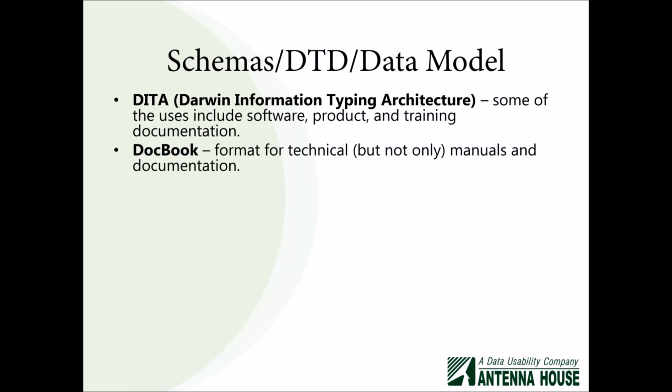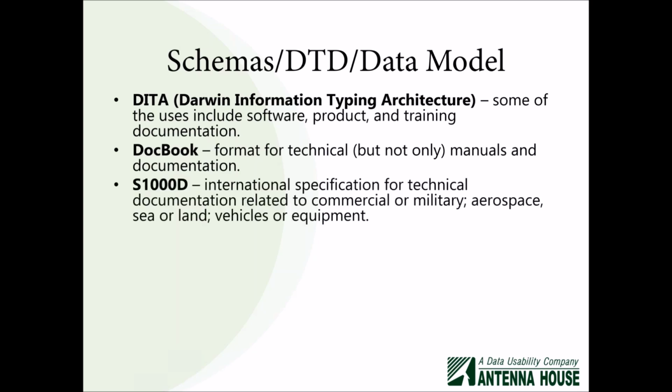DocBook has been around for over 30 years and is used extensively for technical manuals. It also gets used for a lot of other things, and derivatives of DocBook get used for a lot of other things. It's very popular. S1000D is an international specification used by the military, the aerospace, for doing their documentation.